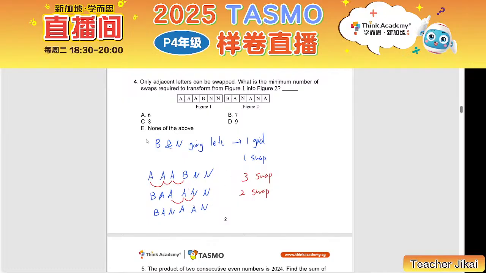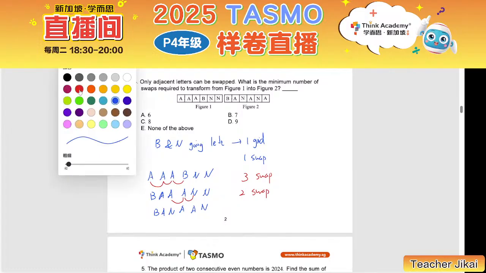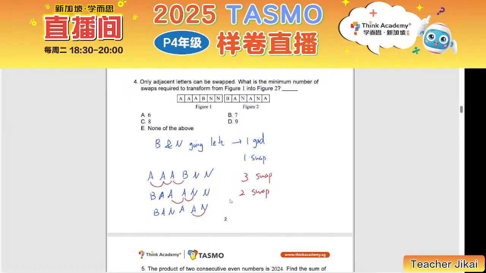Then we need a final swap to make it become banana, swapping the N here with A here, so 1 swap. Then finally we will get banana, our dream banana here. So the number of swaps is 3 plus 2 plus 1, which is equal to 6. Altogether, we can transform 6 times to get the final answer. The answer here is A.